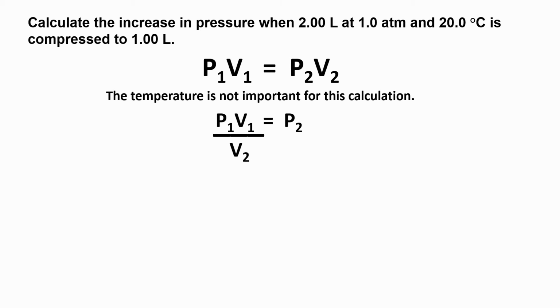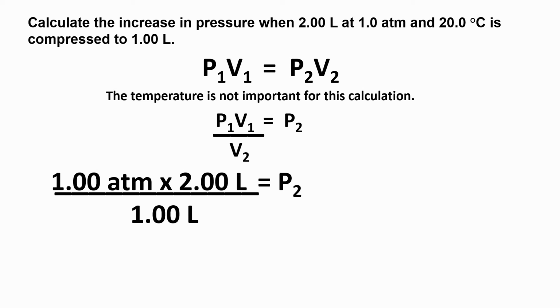Rearranging the formula yields the following: P1 times V1 divided by V2 is equal to P2, where this time P1 is 1 atmosphere, V1 is 2.00 liters, and V2 is equal to 1.00 liters.